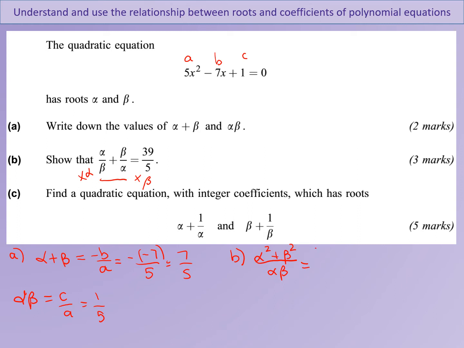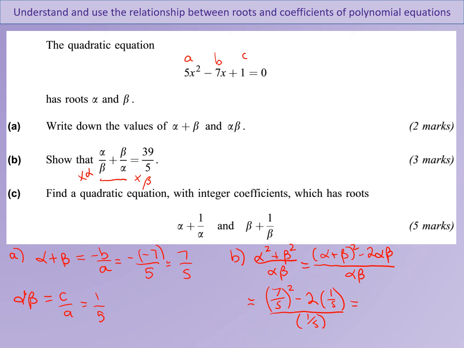Now the numerator there is alpha plus beta all squared minus 2 alpha beta, over alpha beta. Start substituting in those values then. So the sum of the roots is 7/5 squared minus 2 lots of the product of the roots, that's 1/5, and that's all over 1/5.